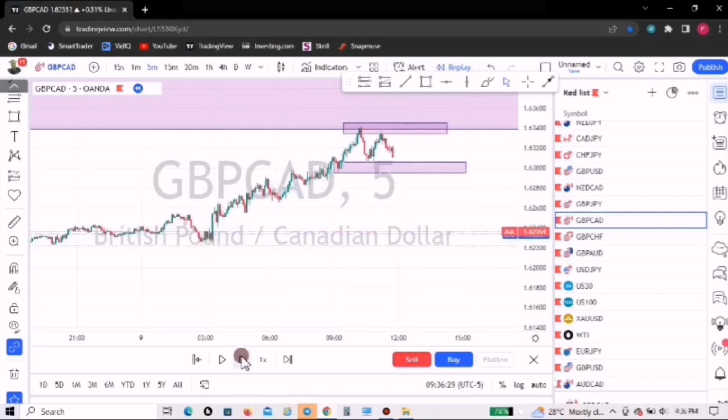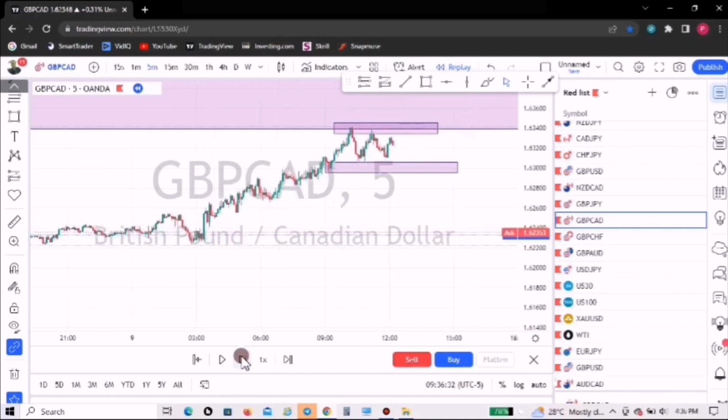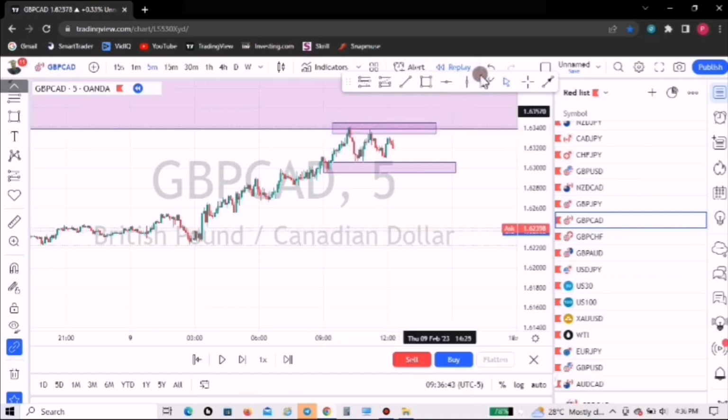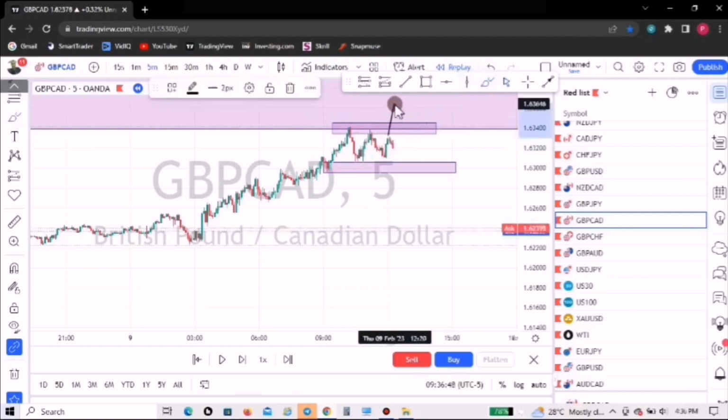You are still holding, waiting for price to close on either of these key levels. Remember, this remains your highest point. Until price makes a new move like this and gives you another highest point, this remains your upper key level and this remains your lower key level.